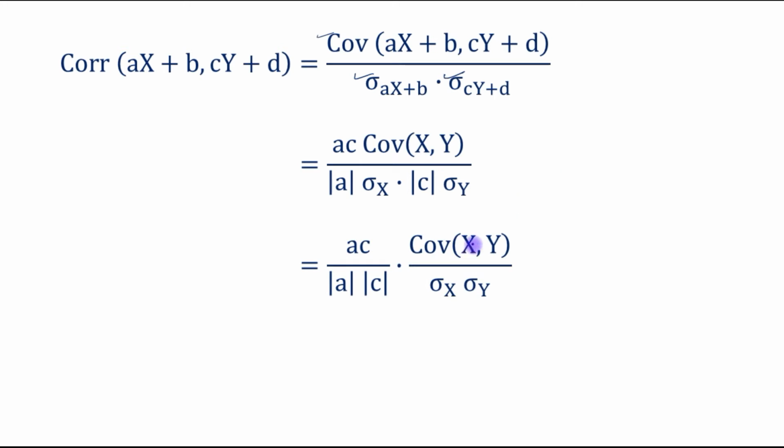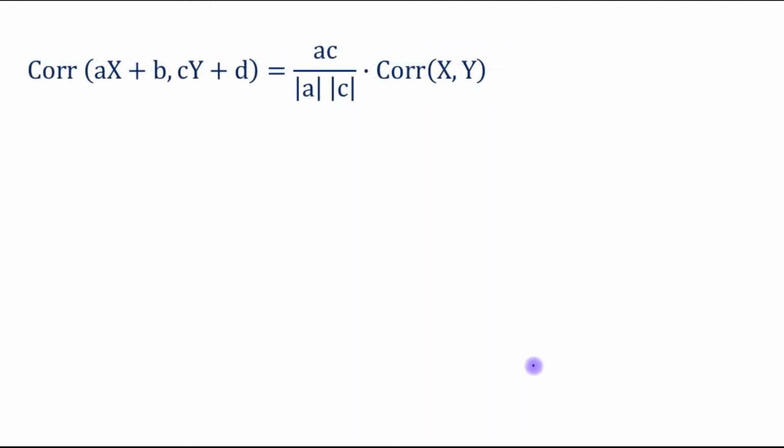In the next step, we can write in this way. And the last step is, you can see that this is the formula of correlation between x and y. So this is the final result that we have.